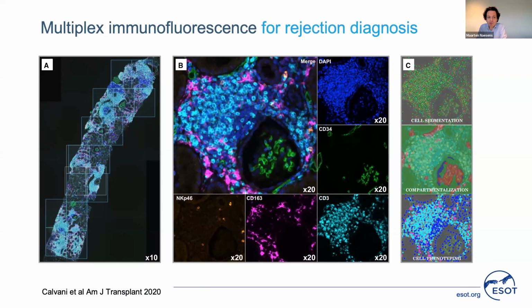A nice example was published by the Paris group some years ago, where they used multiplex immunofluorescence for different immune cells and kidney structural cells, and then applied automated analysis of the number of immune cells to have an idea of how the immune cell constitution associates with a different rejection phenotype.